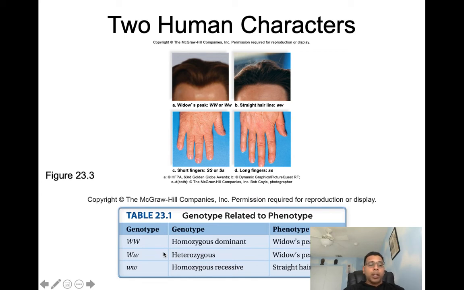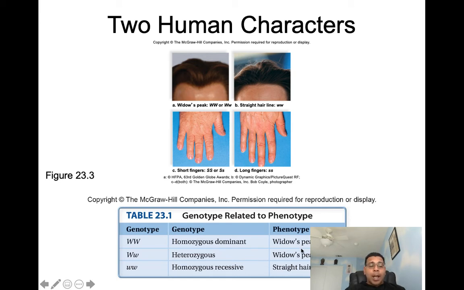And here then we can appreciate the phenotypes. Now, when an organism has a capital W, it exhibits the dominant phenotype regardless of whether the other allele is going to be a capital W or a lowercase w. Here we can see both genotypes, capital W, capital W, and capital W, lowercase w, exhibit the dominant phenotype, which is a widow's peak.